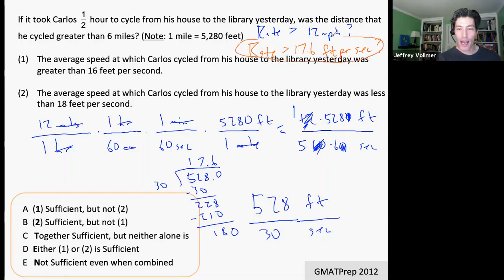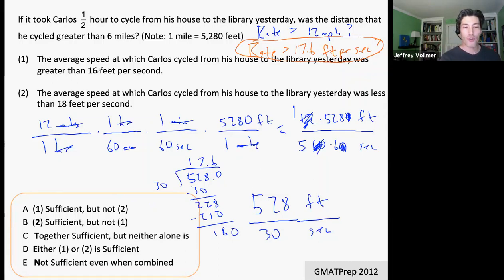Let's take a look at statement 1. Well, it was greater than 16 feet per second. Well, knowing that it's greater than 16 feet per second is somewhat helpful, but it doesn't help me definitively answer whether he was going faster than 17.6 feet per second, right?